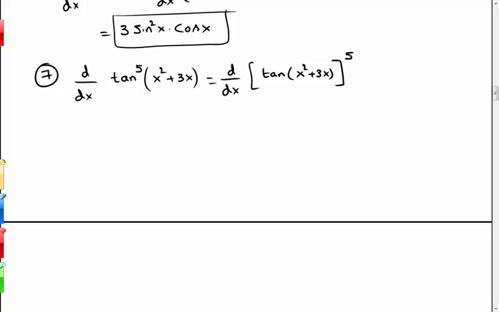Now we look at it as f of x to the power of 5, so the derivative would be 5 times f of x, that is tangent of x square plus 3x, raised to a power of 4, right, n times f to the n minus 1, times the derivative of tangent of x square plus 3x.